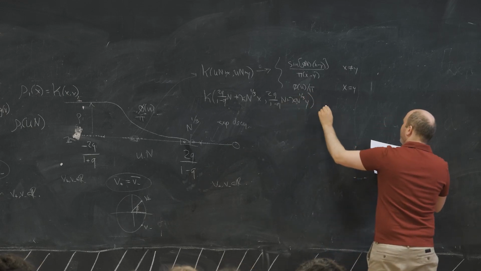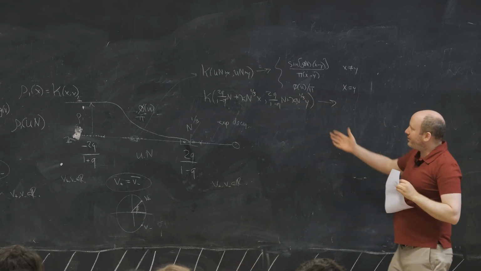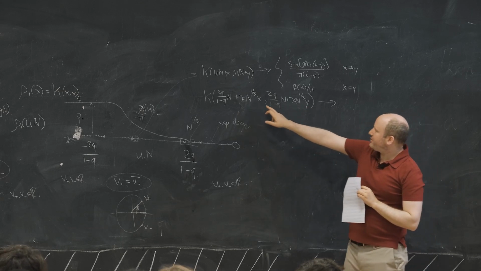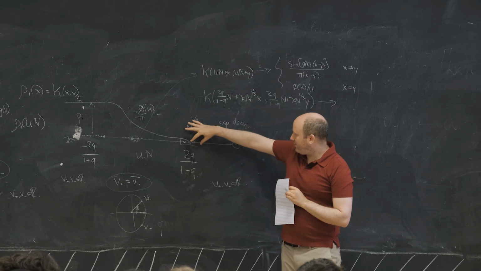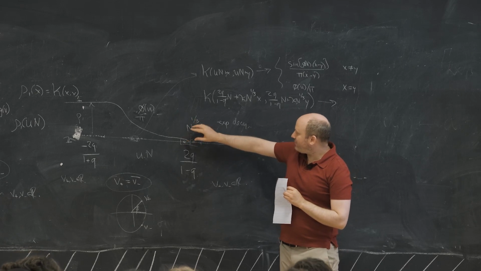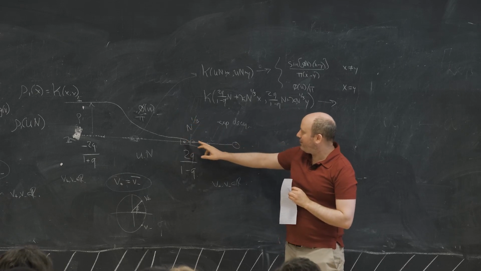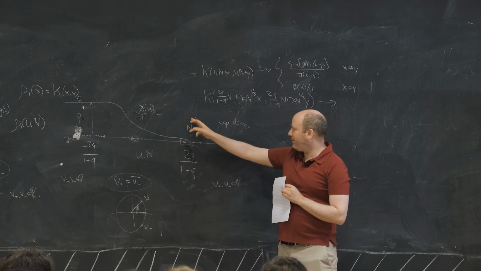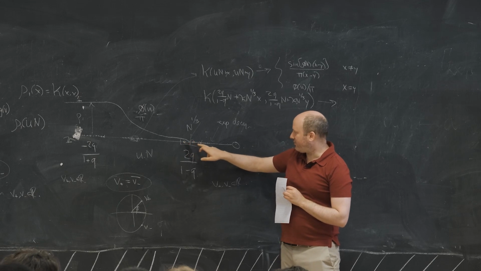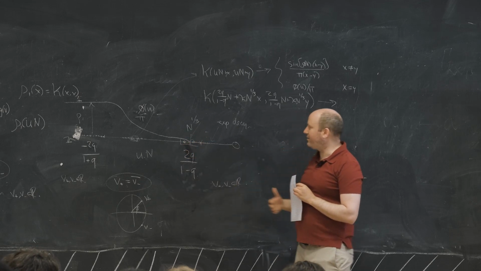And this will converge. So first of all, the kernel is going to converge in this scale, but the correlation functions are going to decay because the density is decaying. The density of particles is decaying like n to the minus 1/3, because you only have maybe 3 particles in a window of n to the 1/3.